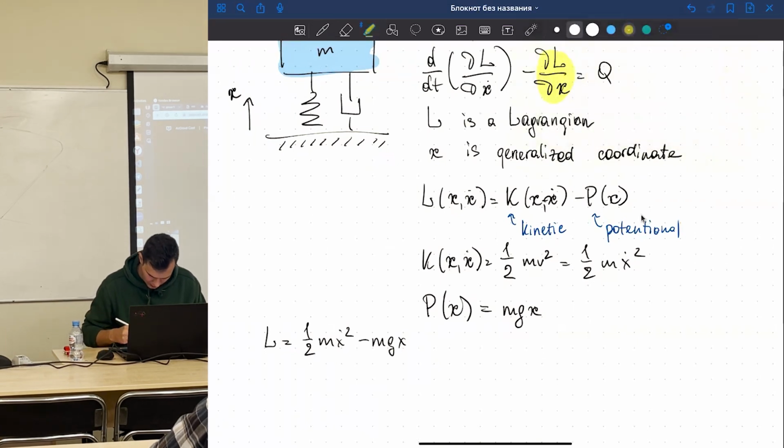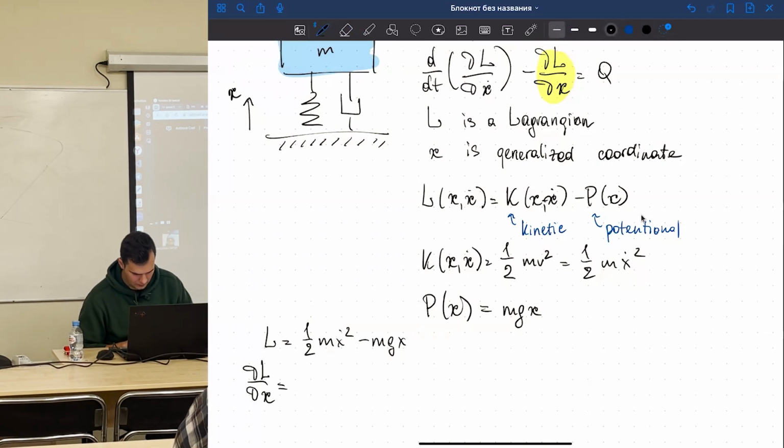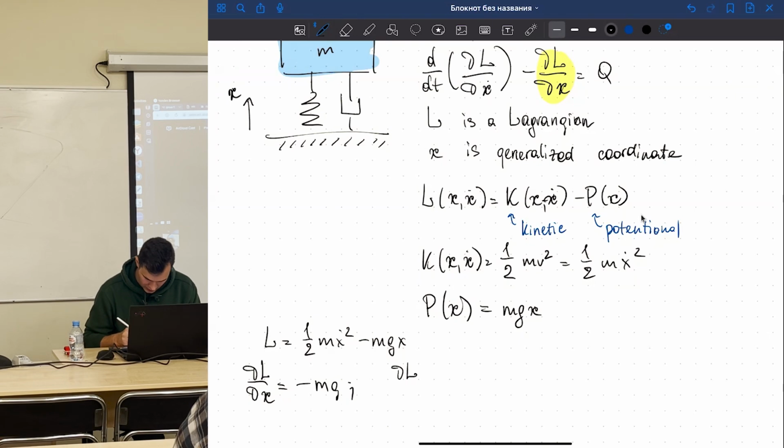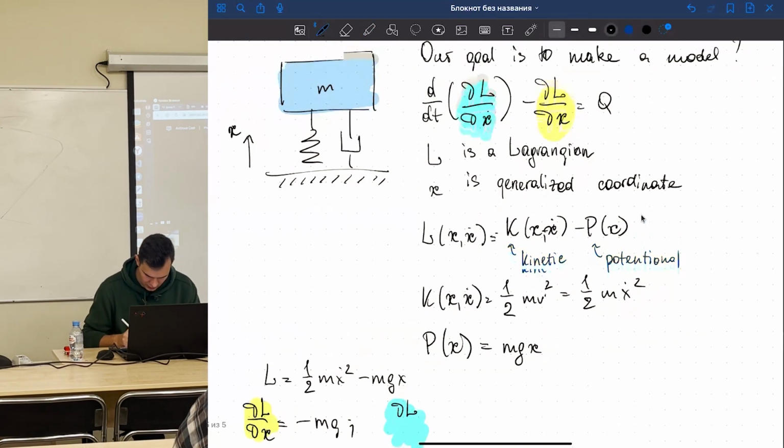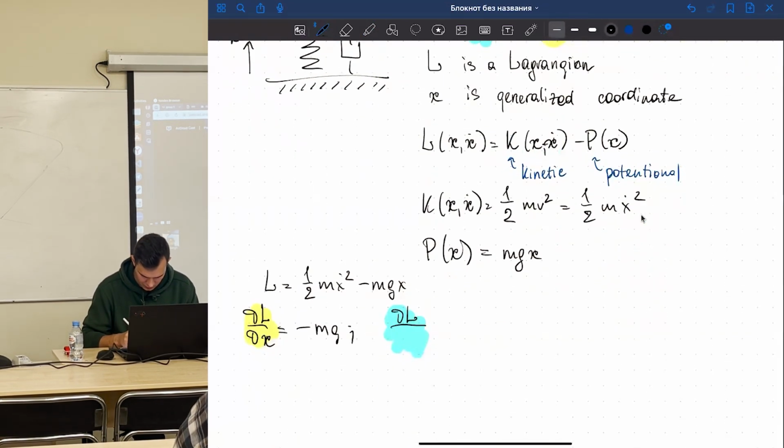And now, in order to derive this, we need to take a partial derivative. What will it be? Minus m g, right? And now we need a partial derivative not with respect to position, but with respect to velocity.